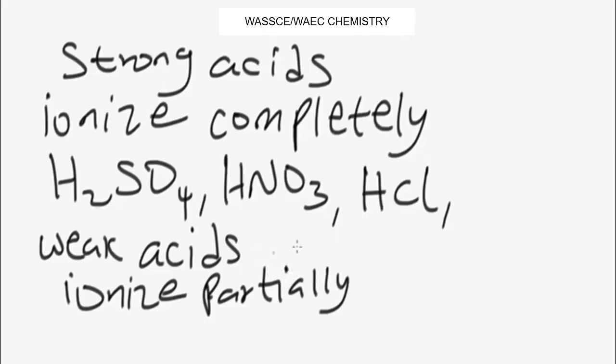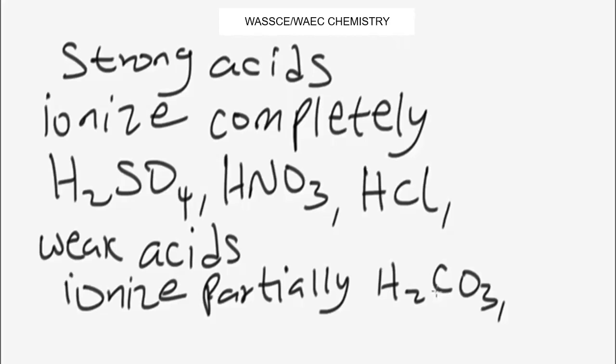Common examples of weak acids you have to know include carbonic acid, which you can also call trioxocarbonate 4 acid. So this is an example of a weak acid.